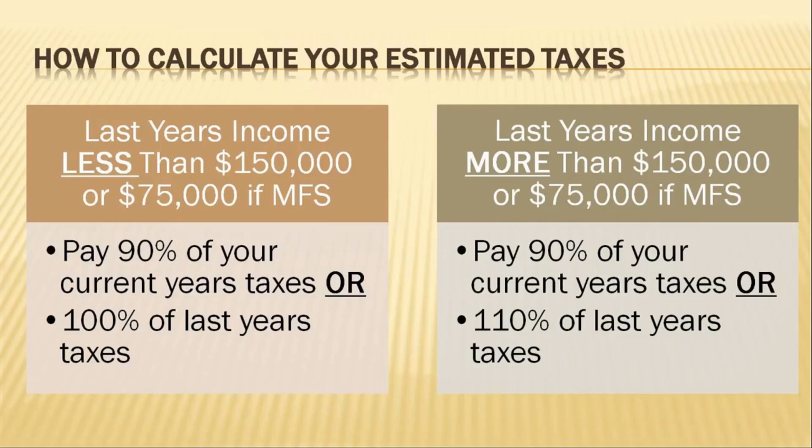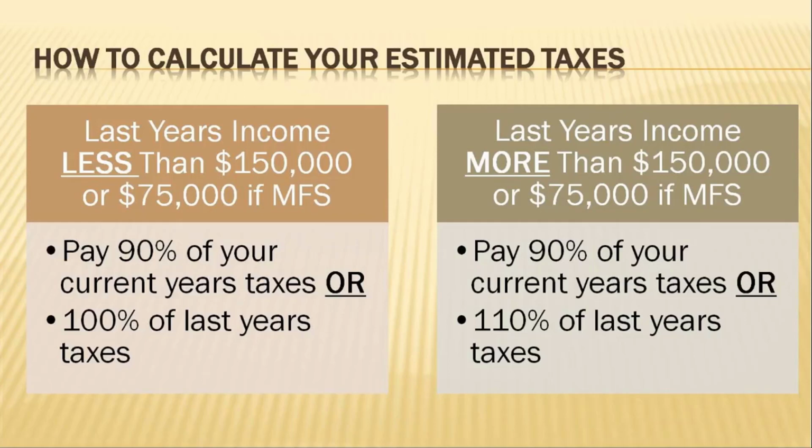Well, if you didn't plan properly, and you didn't pull money out on a monthly basis, you may not have the entire $3,000 for that quarter to make the payment. So you have a choice of either making the $3,000 payment, or making the $1,000 payment that signifies your last year's tax liability.